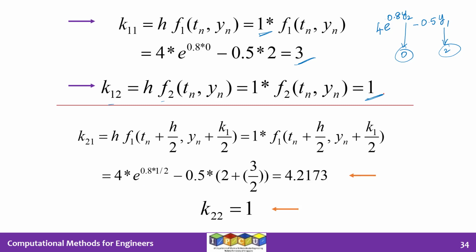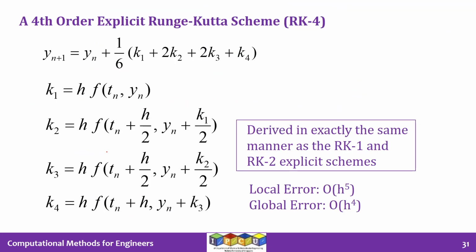Now we have gotten K11 and K12 already. So we have got the K1 values for y1 and y2. K11 is 3 and K12 is 1. Now we use these two values to get K21 and K22. So how do we get K21? We go back here.